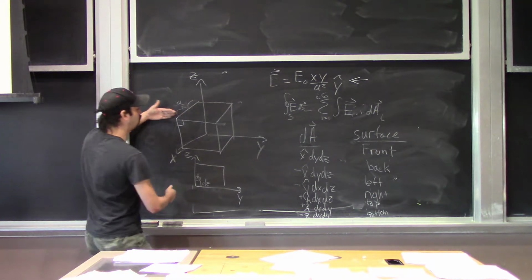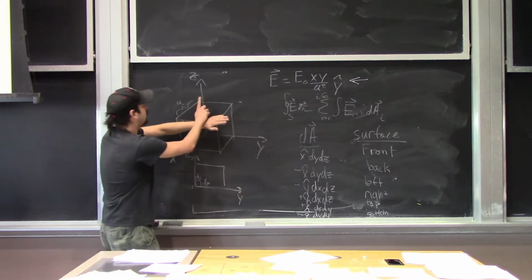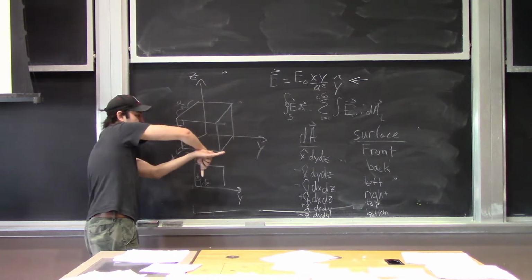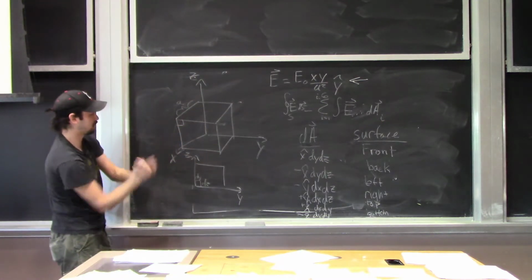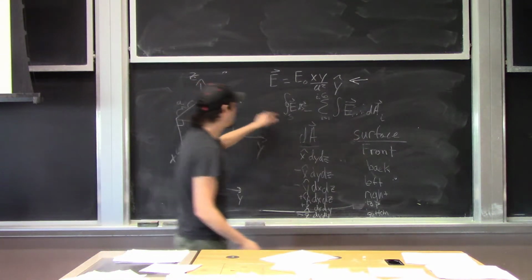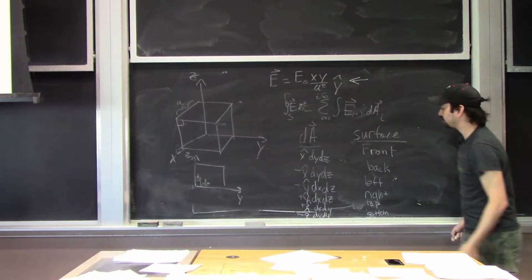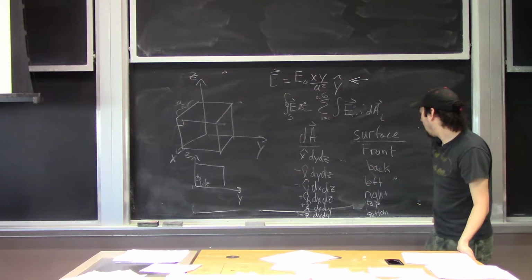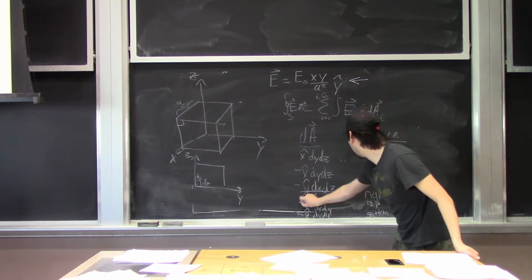Because the electric field always points this way. So if I look at this surface, these are going to be perpendicular to each other. Same thing with the back, the bottom, and the front. So when I take these dot products to find the sum out of the total surface, really the only ones that I'm interested in are the left and the right.